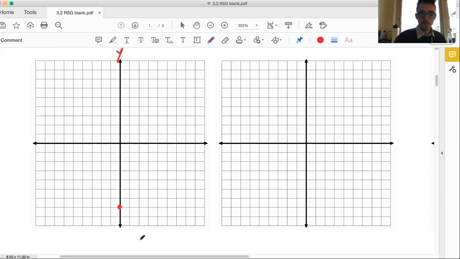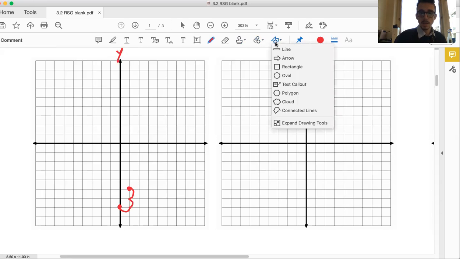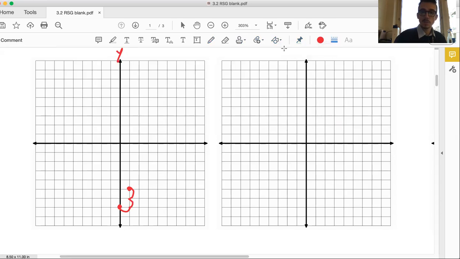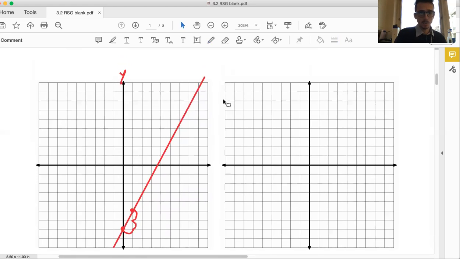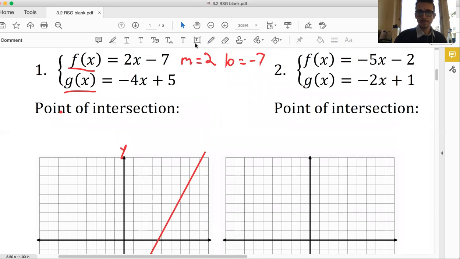And I know that my slope is 2, so I can go over 1 and then up 2 to get another point on the line. Once you have your y-intercept graphed out, once you have your slope mapped out with it, just graph it out. We've done this before, okay?